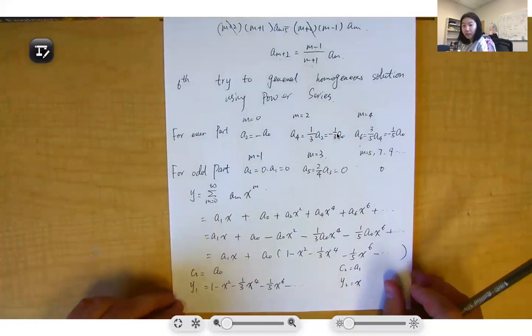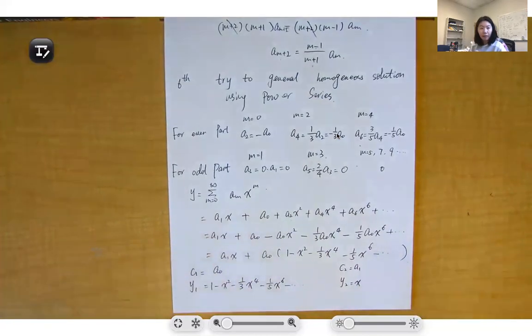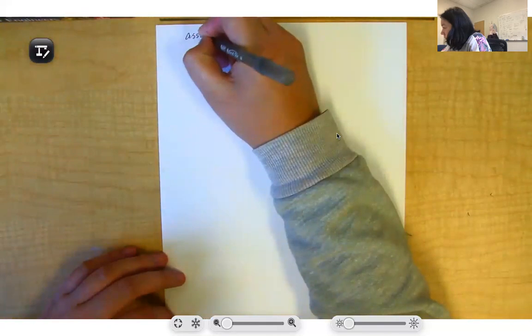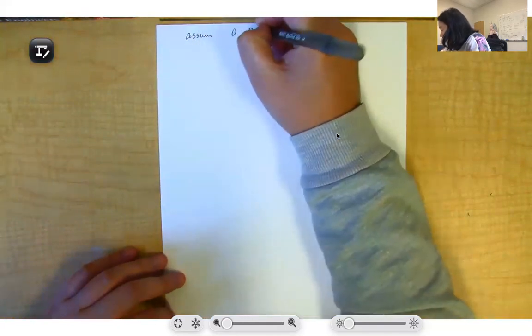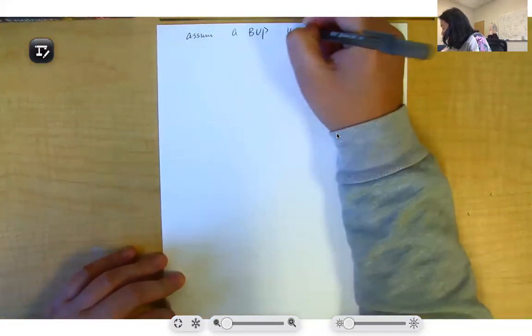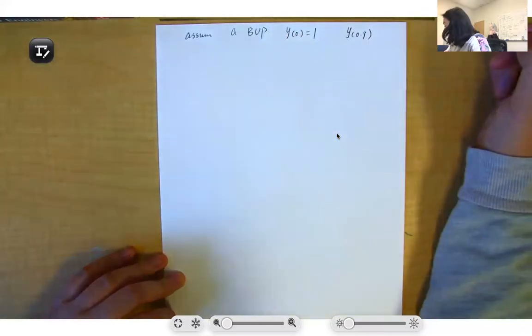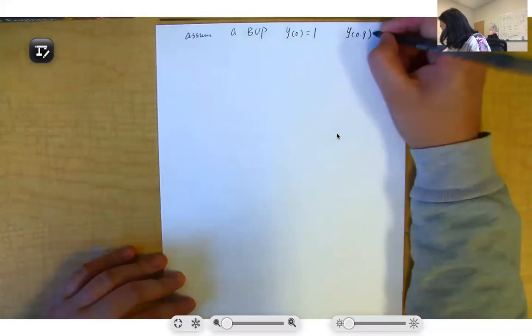Then let's make it a little bit more complicated by giving a boundary value problem for this equation. So let's assume a BVP where y naught equals 1, and y final, which is when x equals 0.9, equals 5.